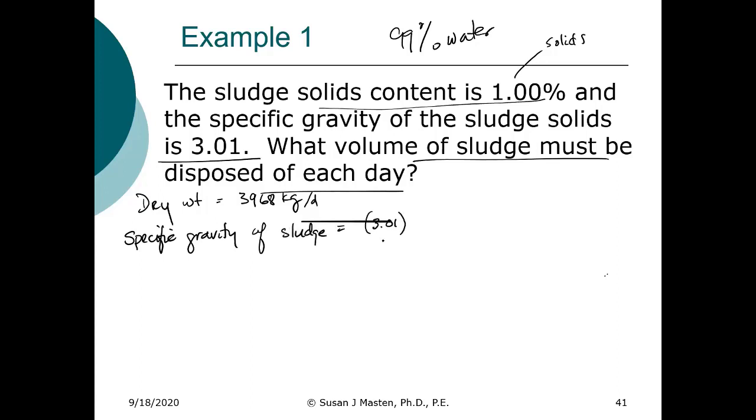Since it is 1% solids, the specific gravity of the sludge is simply the weighted specific gravity of your solids and water. And water has a specific gravity of 1. So the specific gravity of the sludge is 1.02.